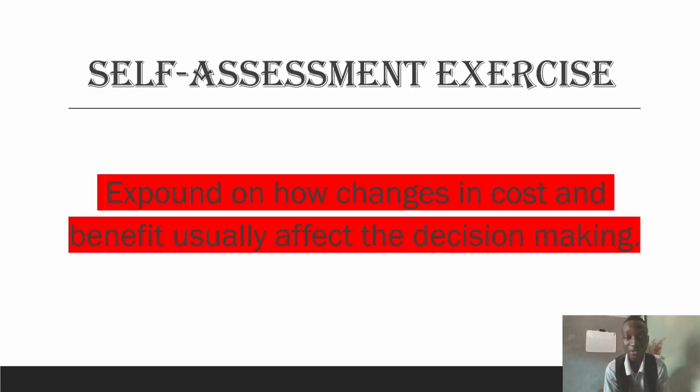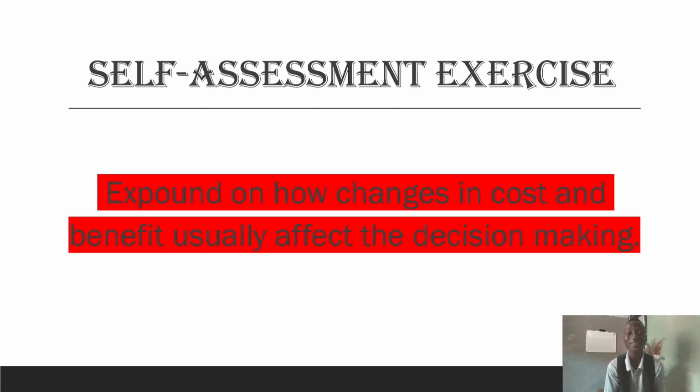It's just that. With this being said, let's move into the next slide. We have the third self-assessment exercise. Expand on how changes in cost and benefit usually affect decisions. Please, for the answer to this self-assessment, use the comment section and put down your answers.